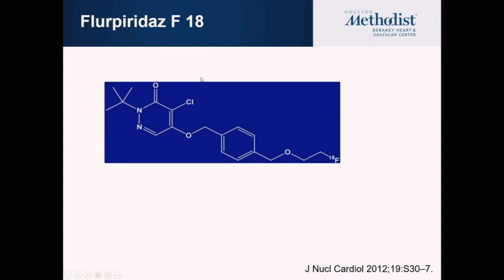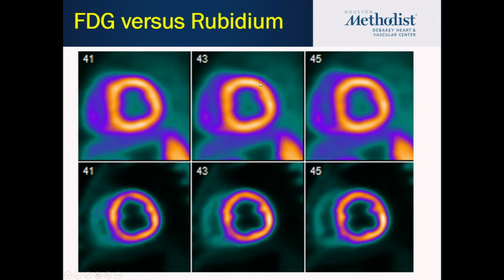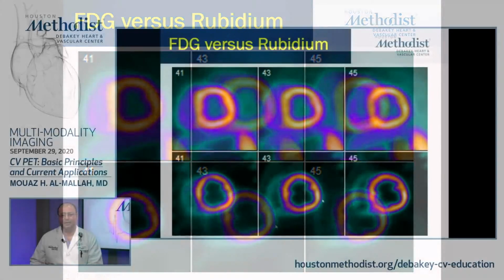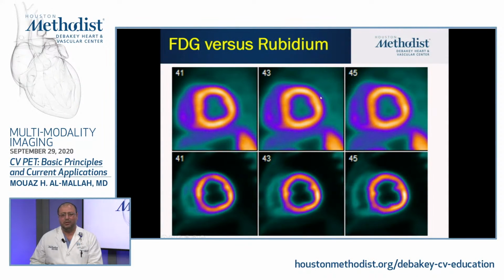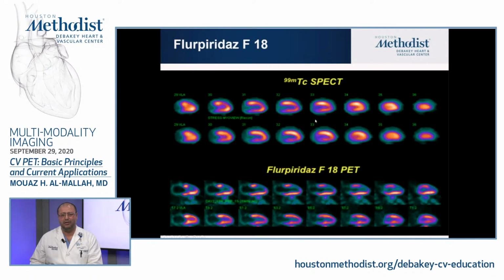With an F18 agent, you're going to combine the lower positron range characteristic with perfusion imaging. Right now we don't have an F18 perfusion agent. We only have it for metabolism. So we're hoping that this will allow us to do perfusion with an F18 based agent.